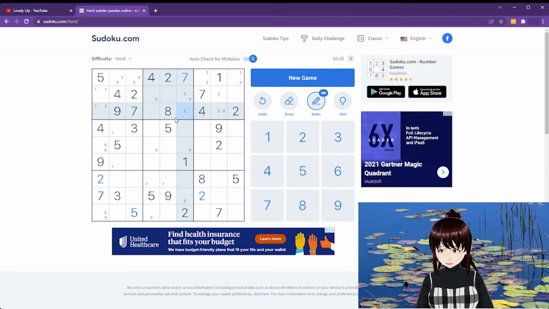So since we have a 5 here, this can only be a 3, 5, or 6. And in this case, putting 3 down is not a bad idea because we're narrowing things down, right? It's nice to do little dances, don't you think?